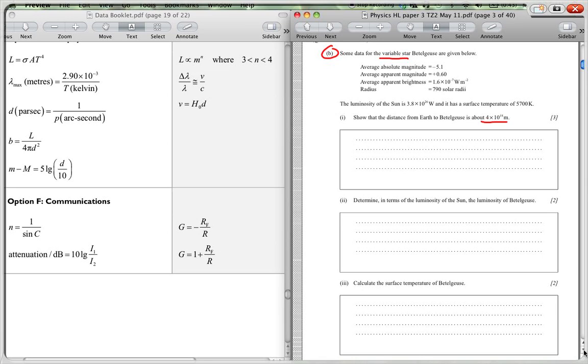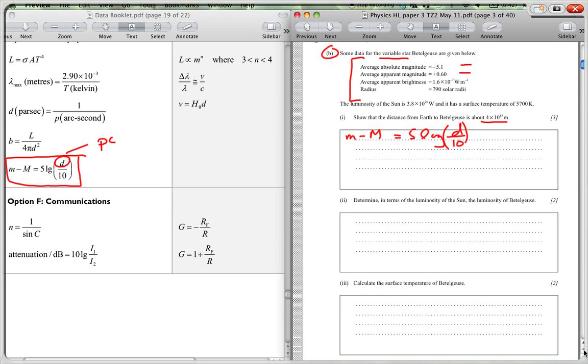Now, when looking at the information that we've got, we choose the formula that we're going to use. Because I'm given the absolute and the apparent magnitudes, that immediately directs me to this formula over here, where I can work out d, the distance. But remember, this distance is in parsecs. So I'm going to use m minus capital M is equal to 5 log of d over 10.